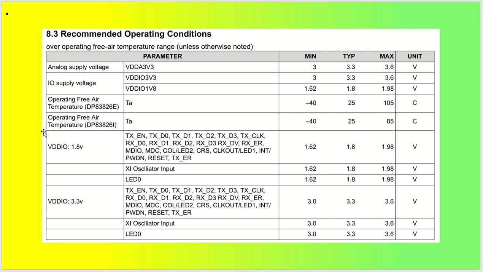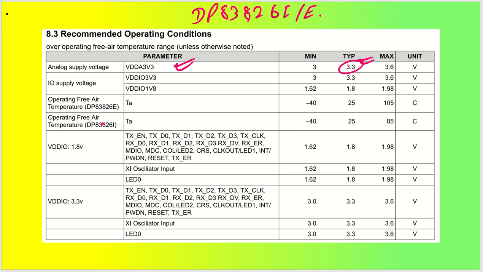As you can see, I have taken the DP83826 IC. There are two versions, the I version and the E version. Among the recommended operating conditions, the analog supply is typically 3.3 volt, which is fixed.